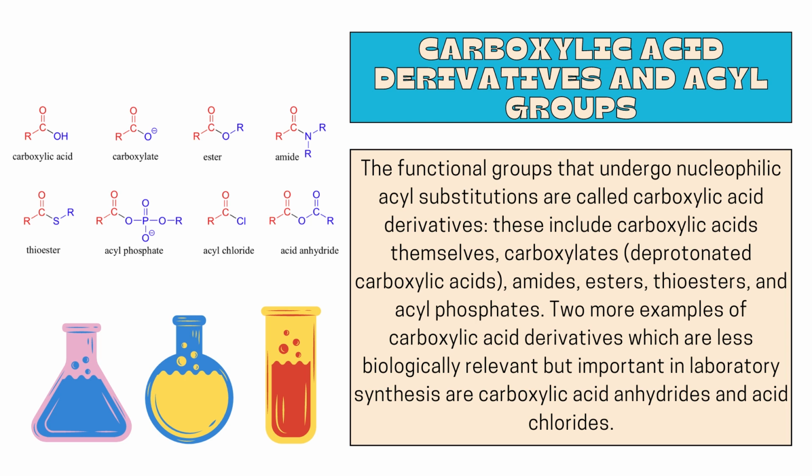Here you can see first the diagram shows carboxylic acid, which has an OH group, and next one is carboxylate. Next we have ester, amide, then thioester. Thioester differs from ester by having sulfur instead of oxygen, and then we have acyl phosphates, acyl chlorides, and acid anhydrides.